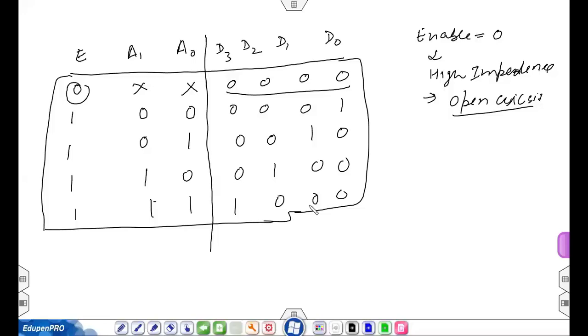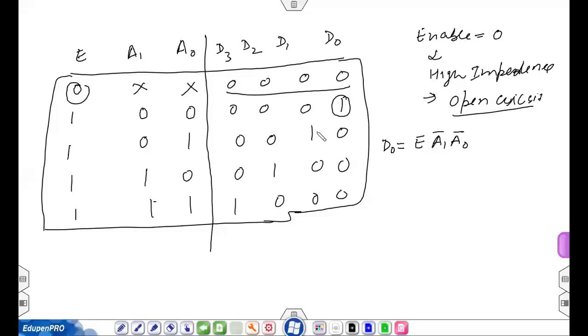Now you can find the output for every line. Suppose I need the output for D0. I can write D0 equals E, A1 complement, A0 complement.